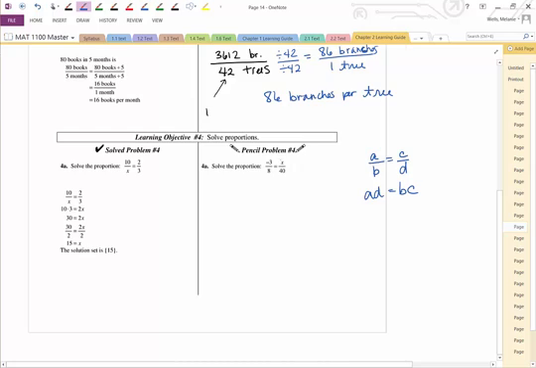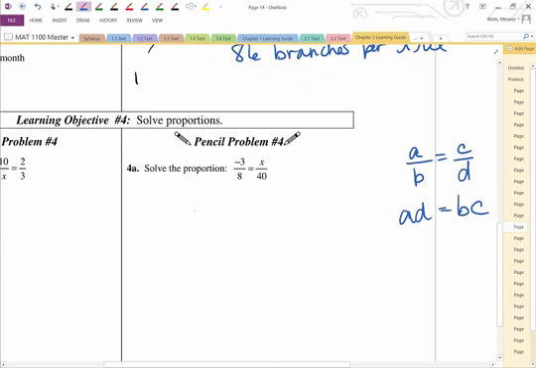So let's first do negative 3 times 40, which is negative 120, equals 8x. We want to divide both sides by 8. 8s would cancel. Here I'm going to simplify. Both of these are divisible by 8.